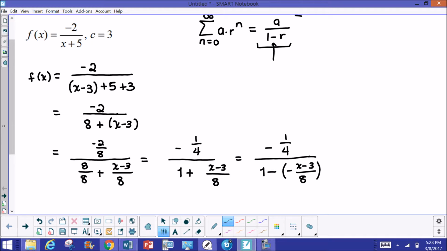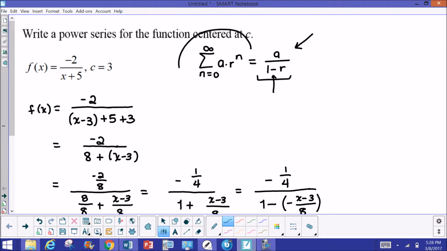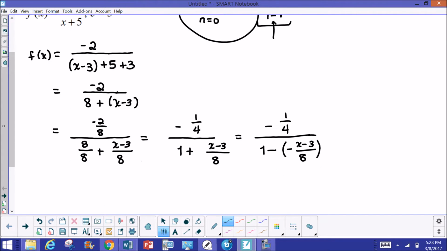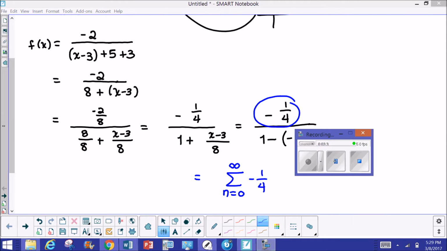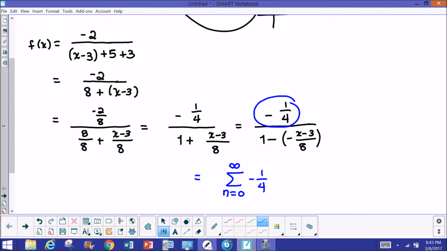Now we have what we need to write this particular expression, which is going to be our power series. So this is going to become the summation as n goes from 0 to infinity, and our a value would just be the numerator, -1/4. Then we'll have our r term, which is negative x minus 3 over 8 to the nth power.